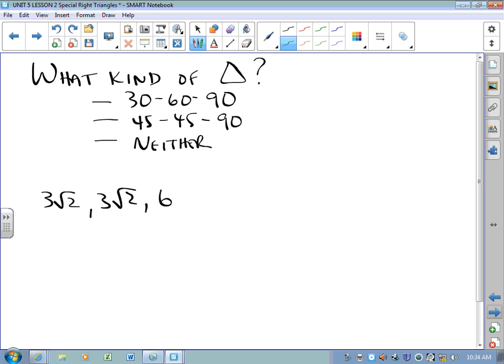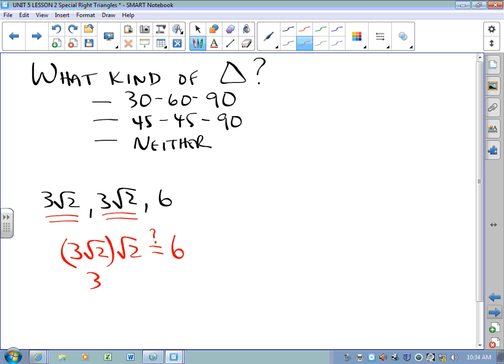Well, I have some hope that it could be a 45, 45, 90, because those two sides are the same. The question is, is 3 radical 2 equal to 6? Because the hypotenuse of a 45, 45, 90 is what you get when you do leg times radical 2.